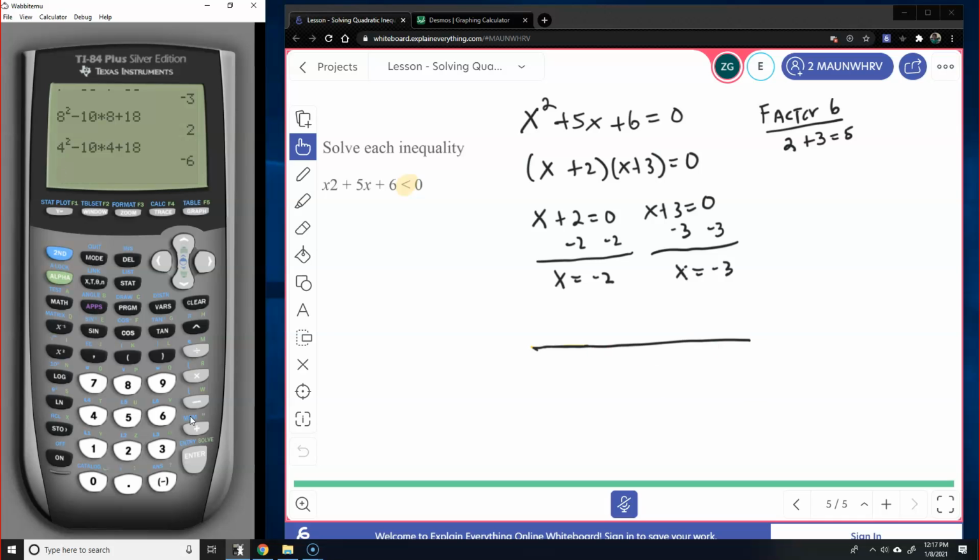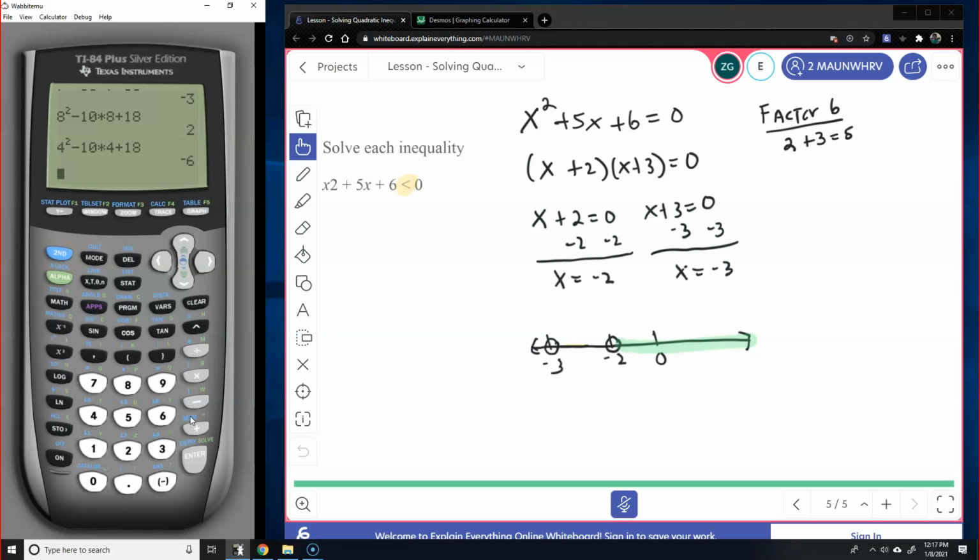So I'm going to go ahead and do my number line. We have 0, -2, -3. And we know that -3 and -2 will not be part of the answer. So we're going to check the answers to the right of -2. And how do we check?